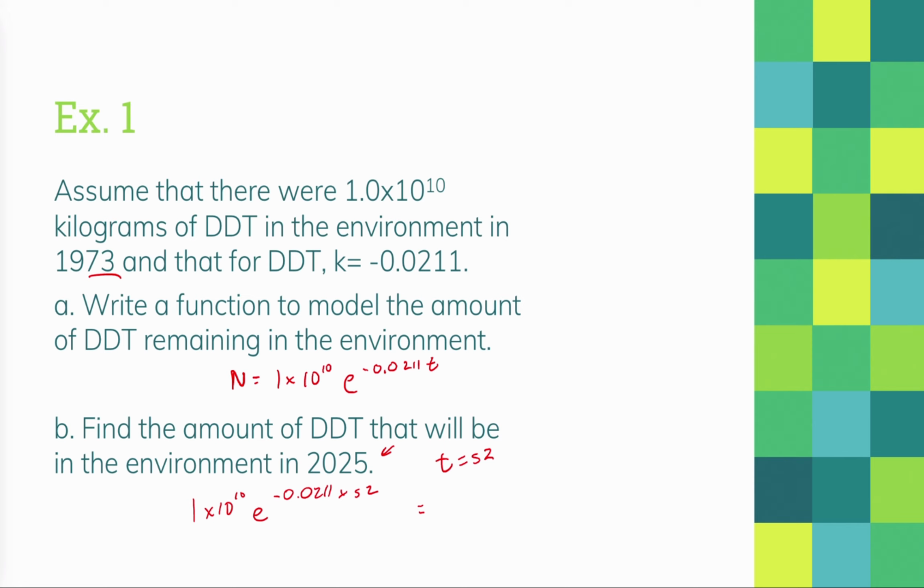I come up with 1, 2, 3, 4, 5, 6, 7, 8, 9 digits. So I come up with 3,338,044,288 kilograms of DDT.